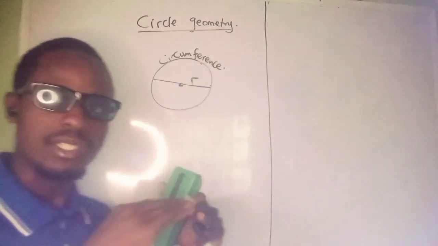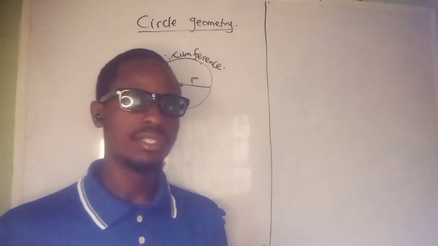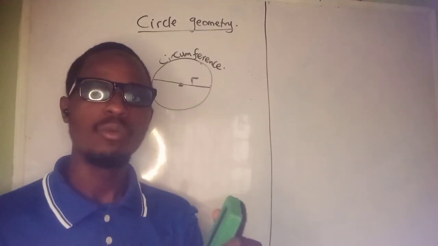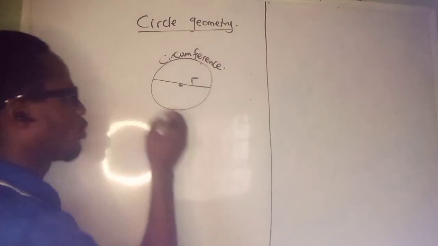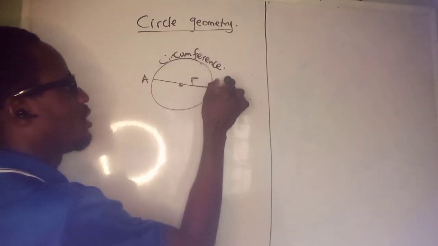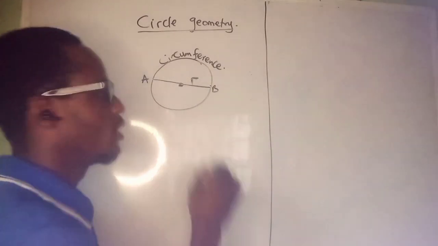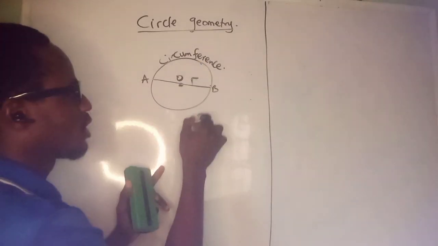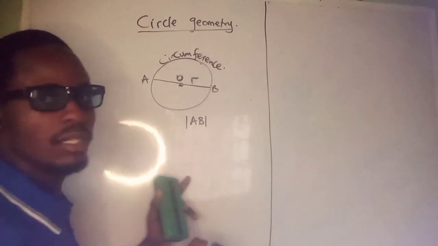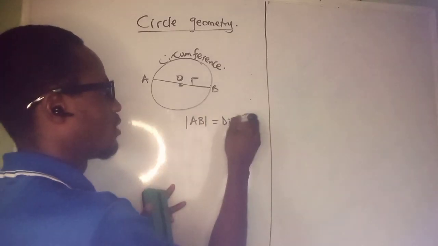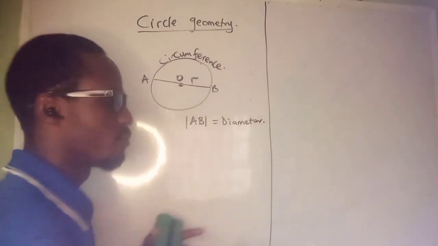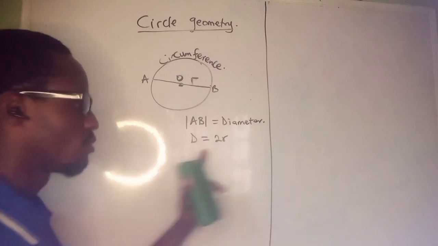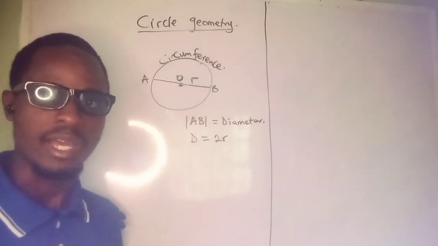Meanwhile, a line that cuts the circle is called a chord, but this particular chord divides the circle into two equal parts, so we give it a special name: diameter. If I label this A, B, the line from A to B is a diameter. O is the center of the circle, R is the radius. So AB is a diameter. From the explanation, you should know that a diameter is equal to 2 radii.